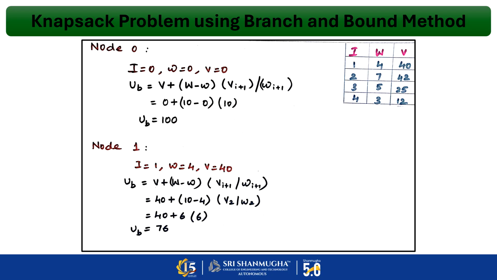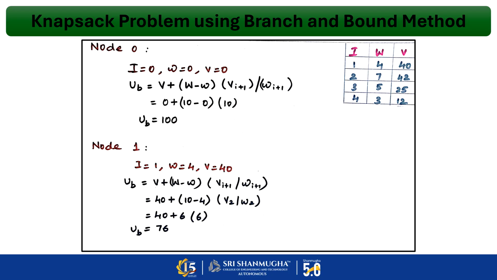V2 is 42 and W2 is what? 7. Just look at the table. For item number 2, the weight is 7 and the value is 42. So value divided by weight, 42 divided by 7. The value is what? 6. So when you substitute all these things, the upper bound value for node 1 is 76.